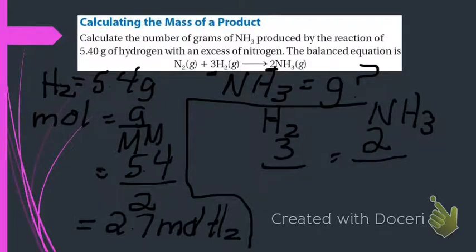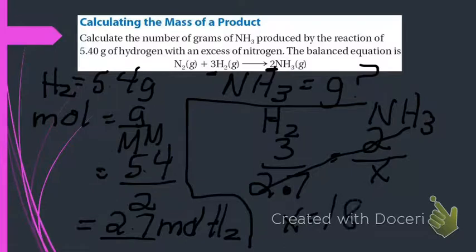I know I have 2.7 moles of hydrogen gas, so that goes in what I've given, and my moles of ammonia gas is what I need to find out. When I multiply across and divide by 3, I find that I have 1.8 moles of ammonia.